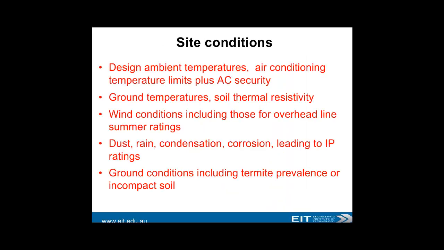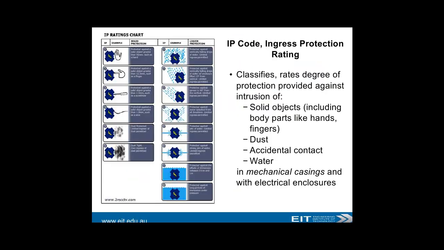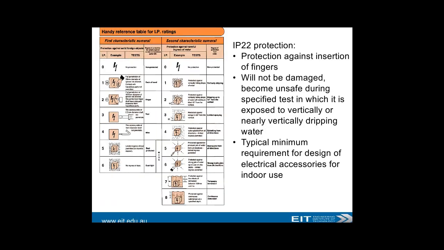Voltage selection. Site conditions obviously important, which are described here. IP code really important. So for example, you have different choices. IP22 protection gives you, if you look at these charts, protection against insertion of fingers, will not be damaged or become unsafe during specified tests, when exposed to vertically or nearly vertically dripping water.